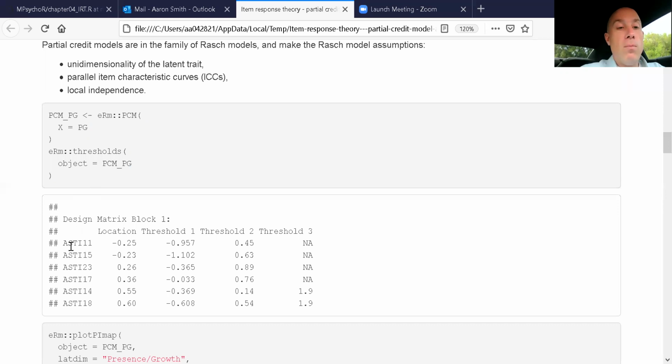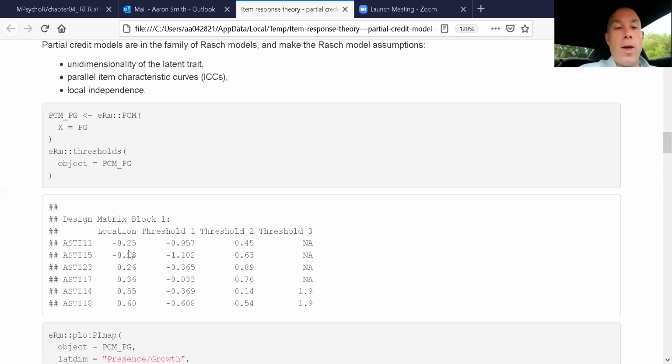Here, remember, we reduced it down just to the personal growth items, and we've got 11, 15, 23, 17, 14, and 18. You'll notice that I sorted these by their location. I chose this order of the numbers just so that as we work through this, it'll be easier for us to interpret what's going on.